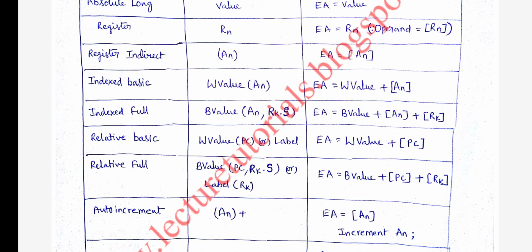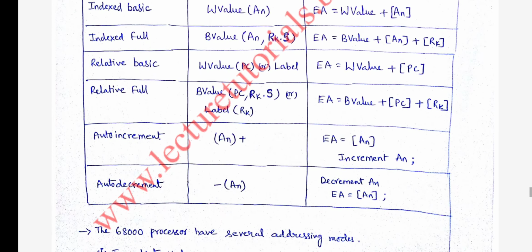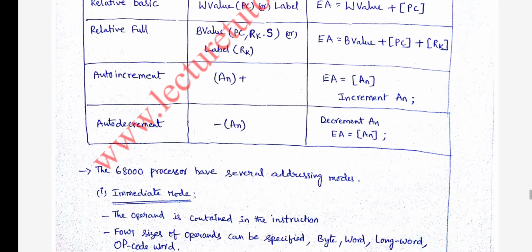Relative full: b value, PC, comma Rk, comma s, or label, Rk, effective address is equal to b value plus PC plus Rk. Auto increment and auto decrement: An plus, minus An, effective address is equal to increment An, decrement An.